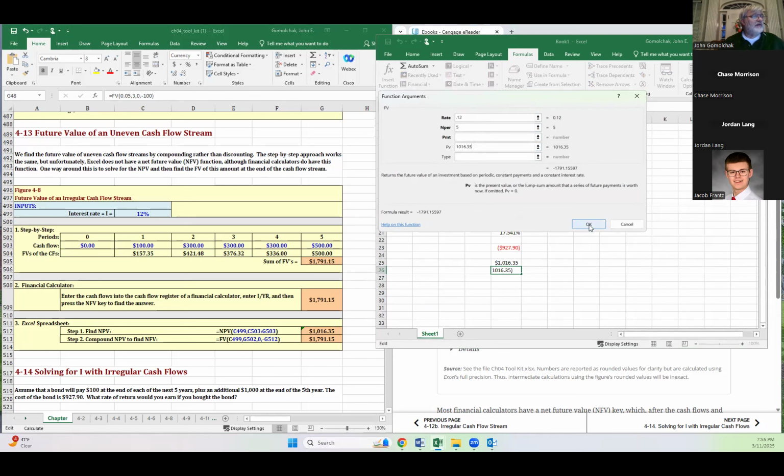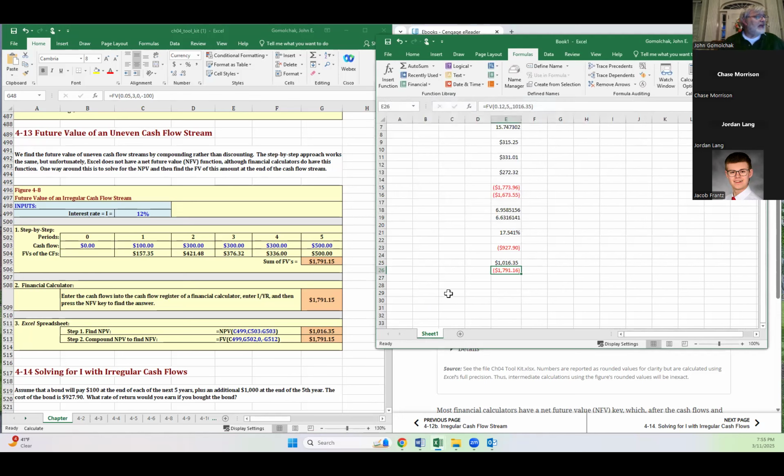And type 0. 1791.16. They gave us 15. So I rounded something somewhere. So the future value of this stream of uneven payments is 1791.15 or 1791.16.